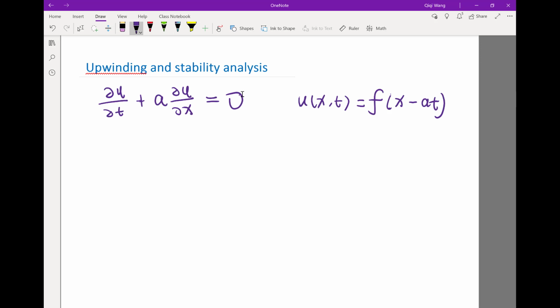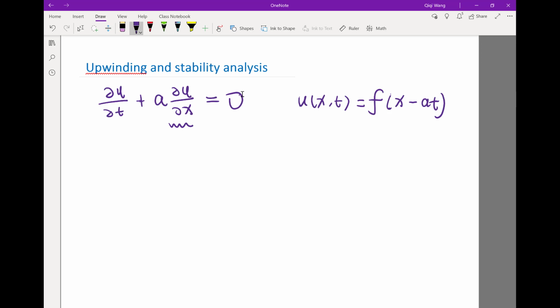And if we have periodic conditions, then anything that moves out of the right boundary is coming back from the left boundary, and anything that moves out of the left boundary comes from the right, right? Okay, and then we derived the finite difference scheme by discretizing only the spatial operator.